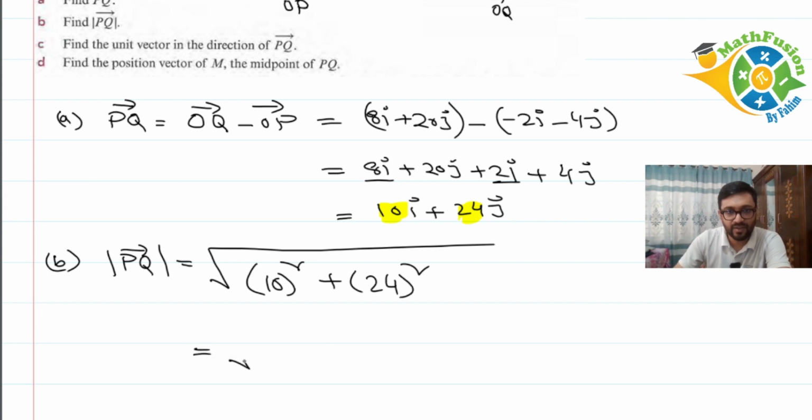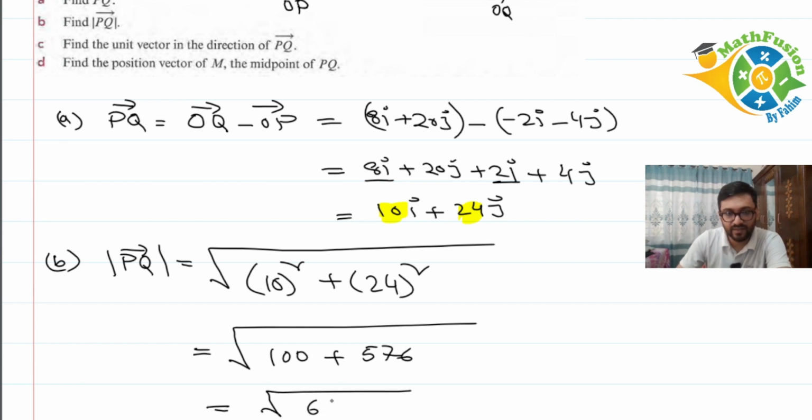If we calculate this, we will get 100 plus 576. Finally, we get 676. Okay, so this is our answer.